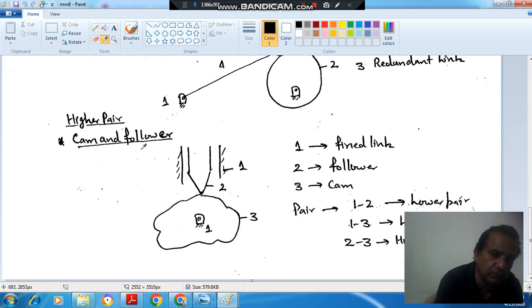The first example is the cam and follower mechanism. So this is your follower and this is your cam. Cam is rotating about this one, which is fixed, this is also fixed.